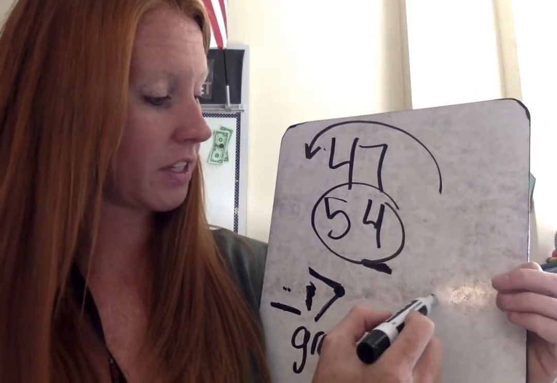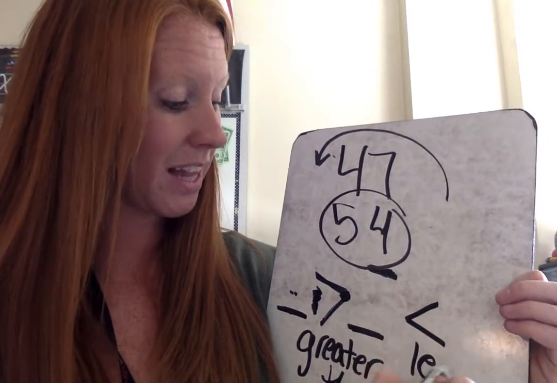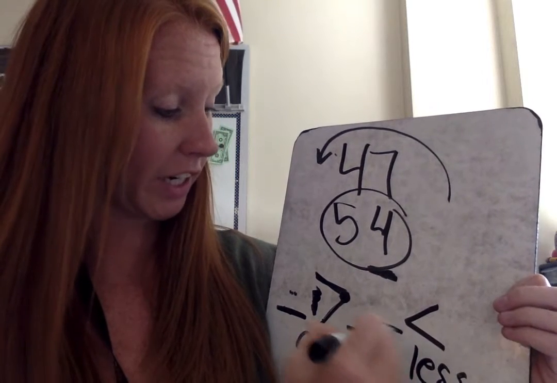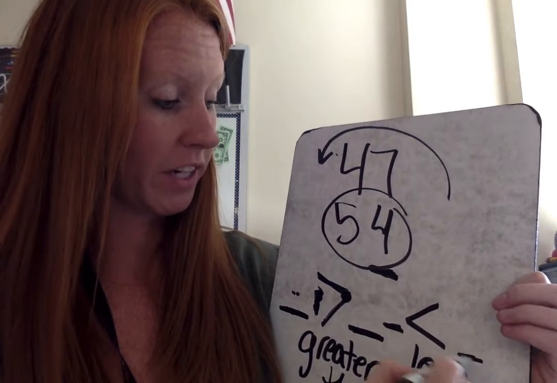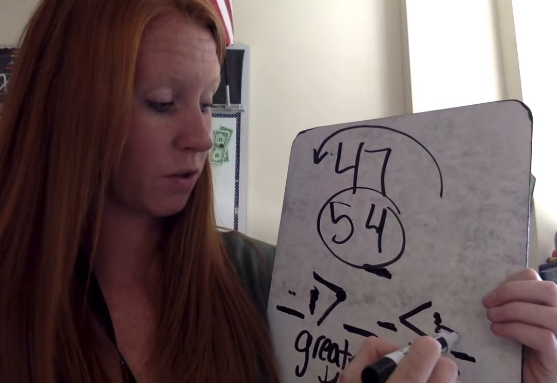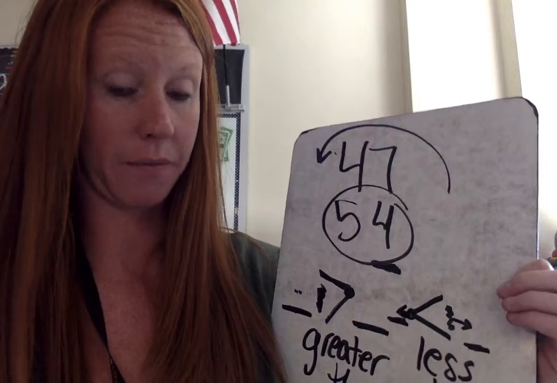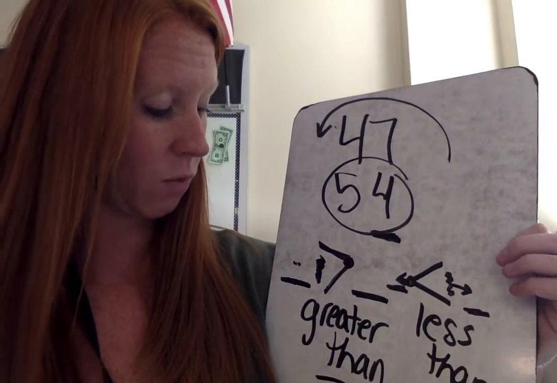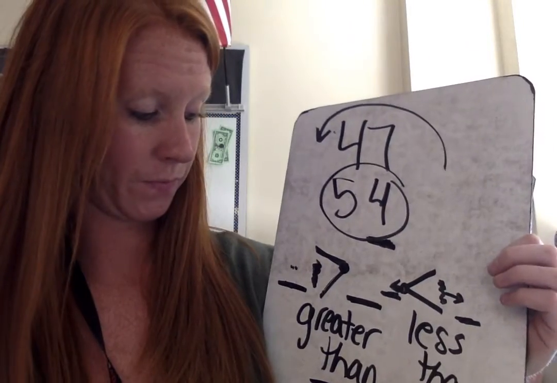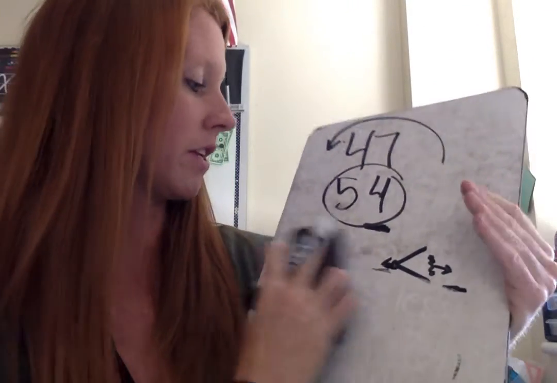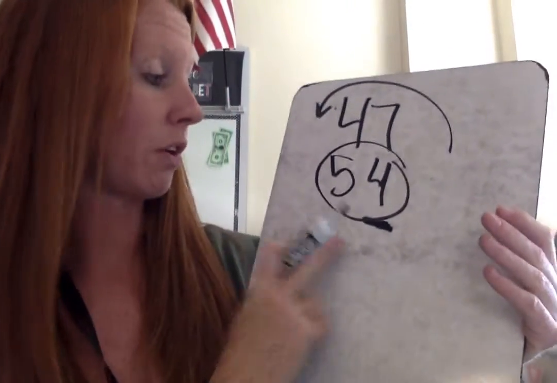Okay, that leads us to this one. This means less than. The smaller number is going to go over here, and the bigger number is going to go over here. Big opening to the bigger number. Small opening to the smaller number. And then, of course, we have the equal sign for equal. Okay, so how we would write this, we could write this in two different ways.